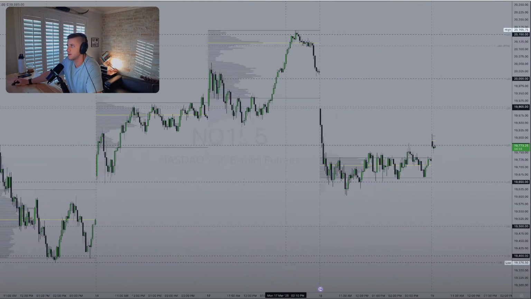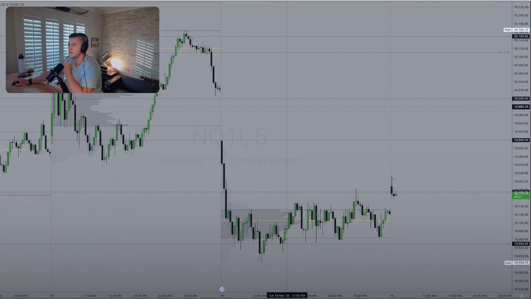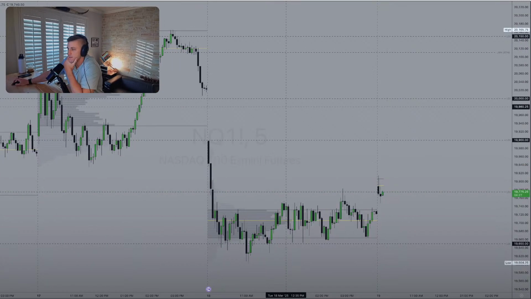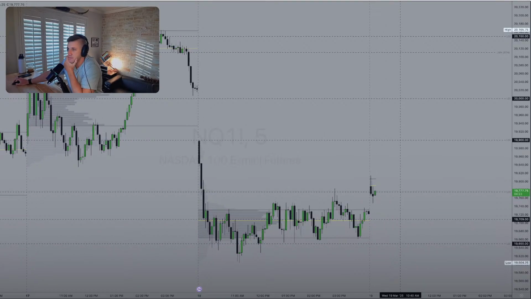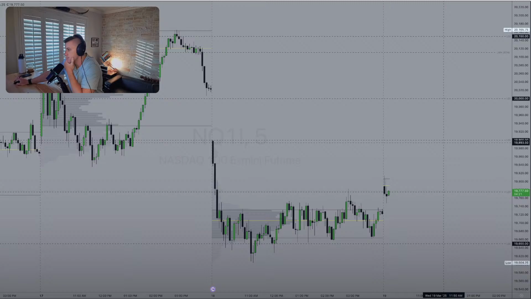Let's look at the 5-minute RTH here. 5-minute RTH, one of my favorite charts. It's a very slight gap higher, still in the prior day's range.